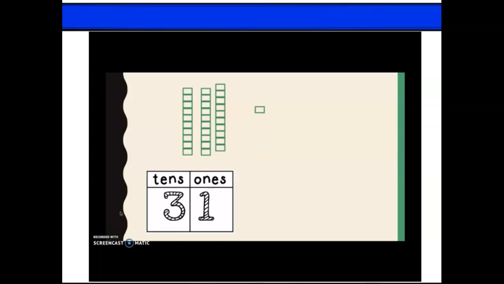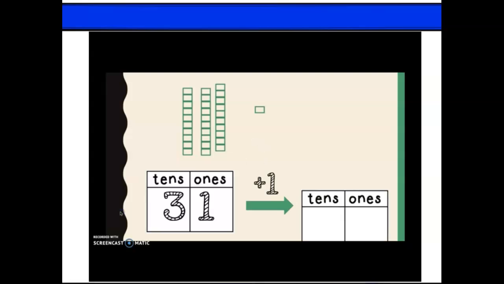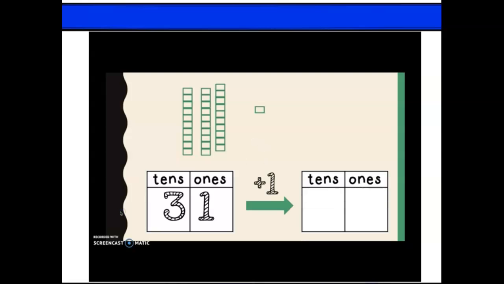Oh, man, whoopsie. I found another one. I'm going to go ahead and draw an arrow and say plus 1 more because I did find another one. I'm going to have to put that into a place value mat. Let's see. There he is. So what's my number going to be inside my place value mat if I'm adding 1 more, like it says plus 1, and that 1 flew in?